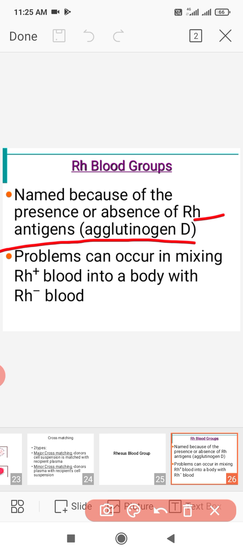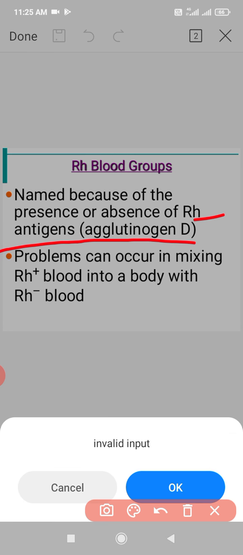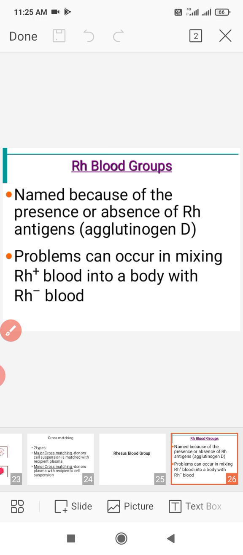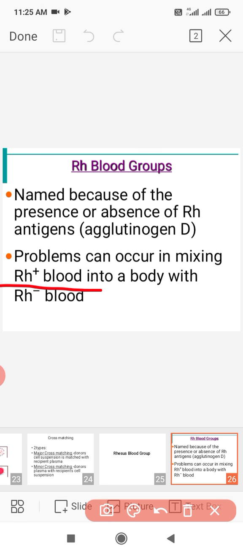The problem occurs in the mixing of RH positive blood with RH negative blood. RH positive means the agglutinogen D is present. Antigen is present, antibody is absent. Naturally, anti-D antibodies are absent.